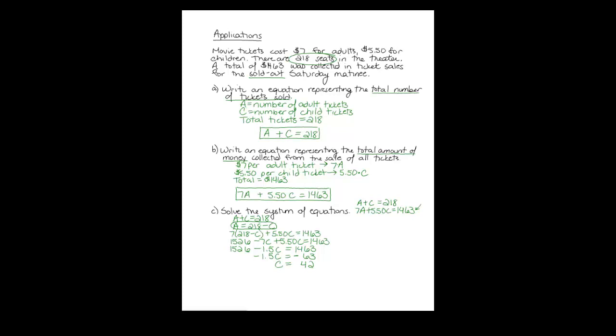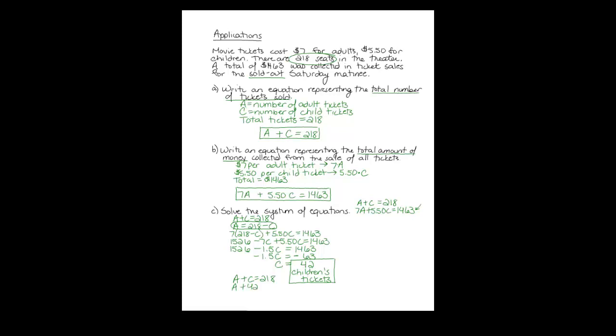So that 42 is the number of children's tickets. So we know that 42 children's tickets are sold. That's the first part of our answer. Now to find the number of adult tickets, we simply go back and plug the 42 in for C. So I'm going to use this first equation here.